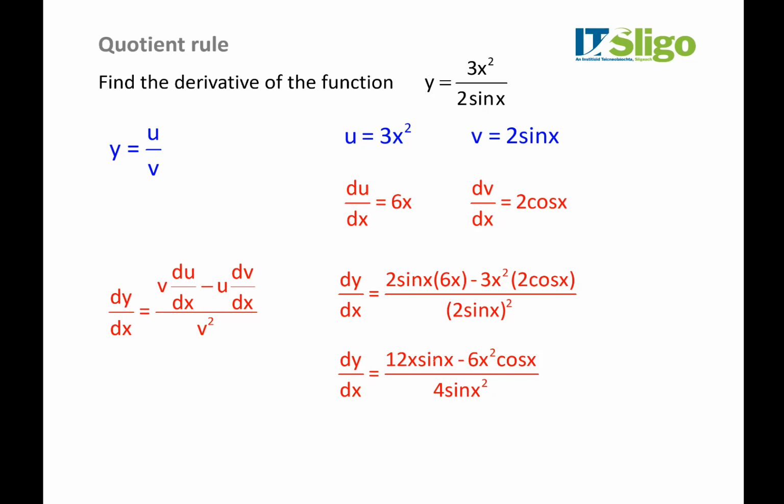We look for something common. The only thing that's common to all 3 terms is the number 2. So we divide the top and bottom by 2. And here is our simplified version. Both of these versions are mathematically correct. It's just that the one on the bottom is a little bit neater.